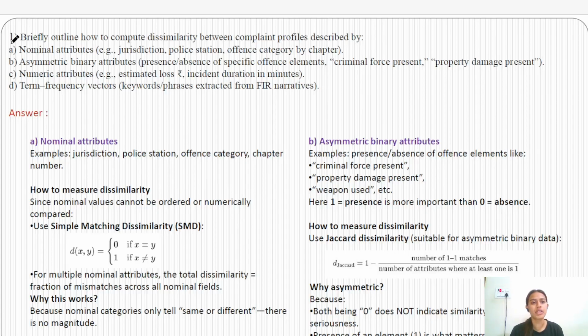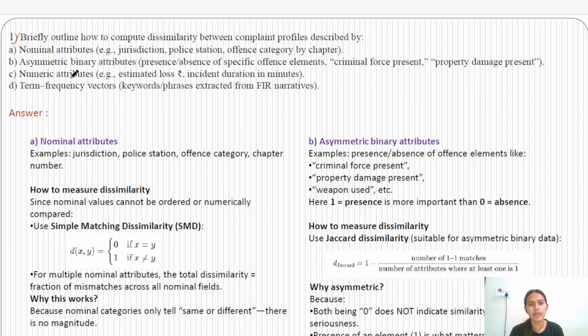So first question is briefly outline how to compute dissimilarity between complaint profiles described by A. Nominal attributes, for example, jurisdiction, police station, offense category by chapter. B. Asymmetric binary attributes, for example, presence or absence of specific offense elements, criminal force present, property damage present.